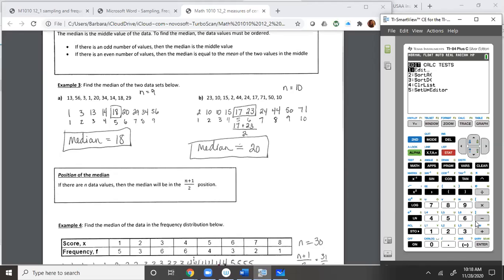We press Stat and Enter, and I'm going to clear out my lists. And in this list, I have the numbers 13, 56. You can put them in order. I'll show you how to order these in ascending order here in just a moment.